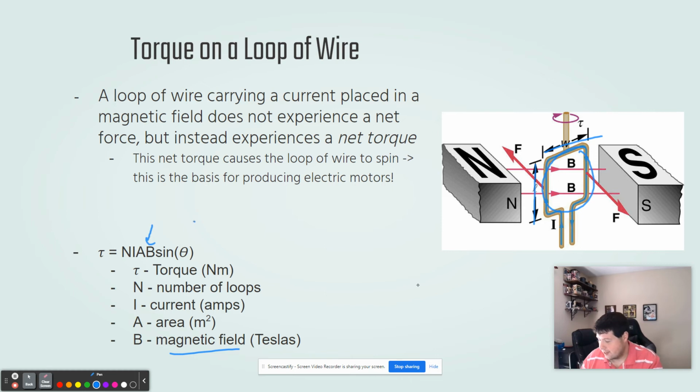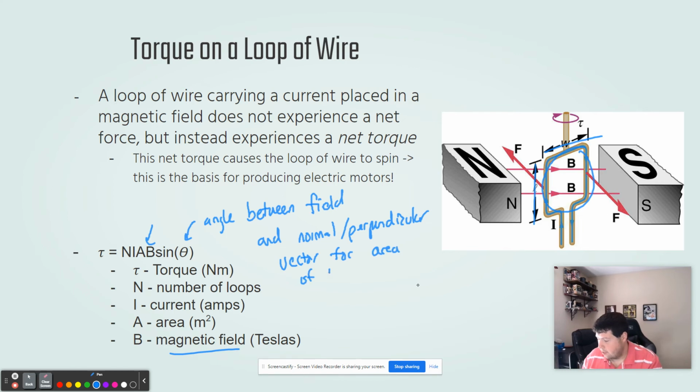This angle here, theta, is the angle between the field and the normal or perpendicular vector for the area of the loop.